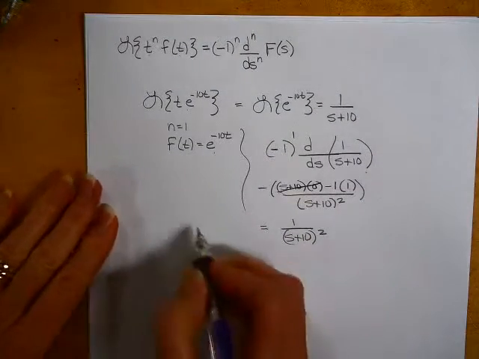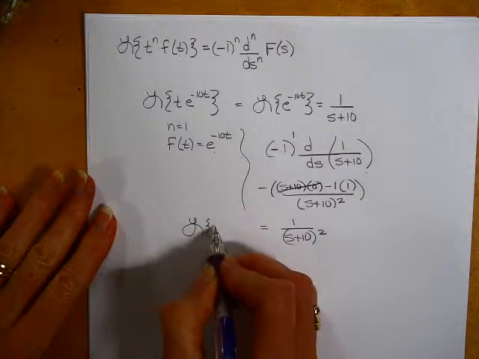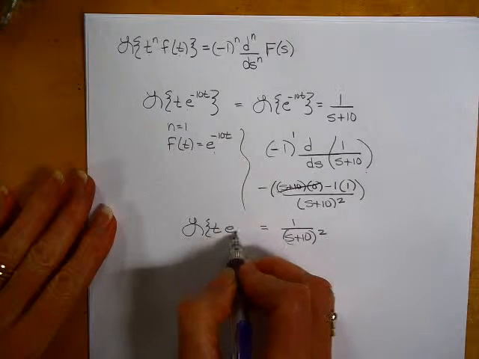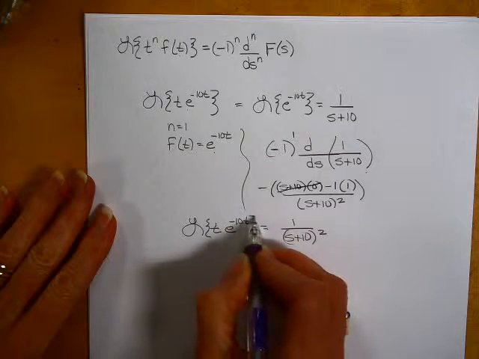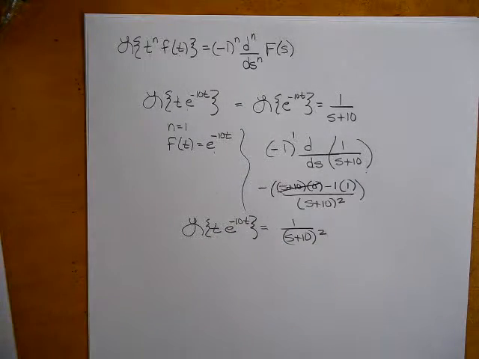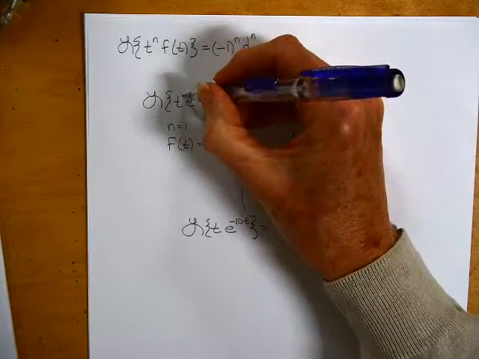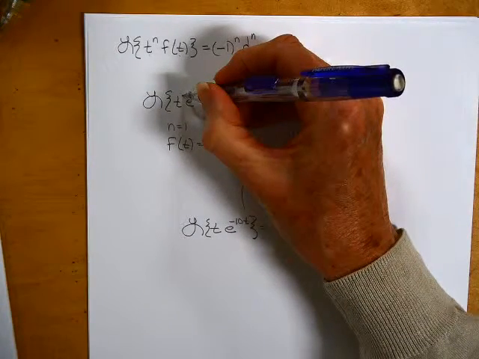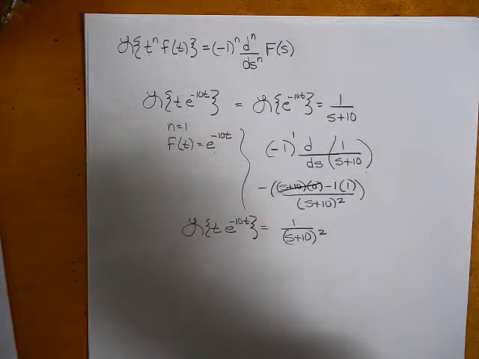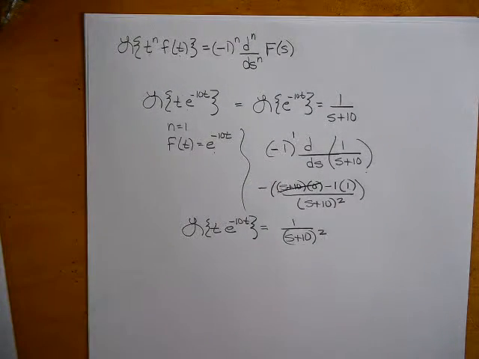And that is the Laplace transform of t e to the negative 10t. So whatever this exponent is, that's how many derivatives you have to take. Okay? All right, let's look at another one.